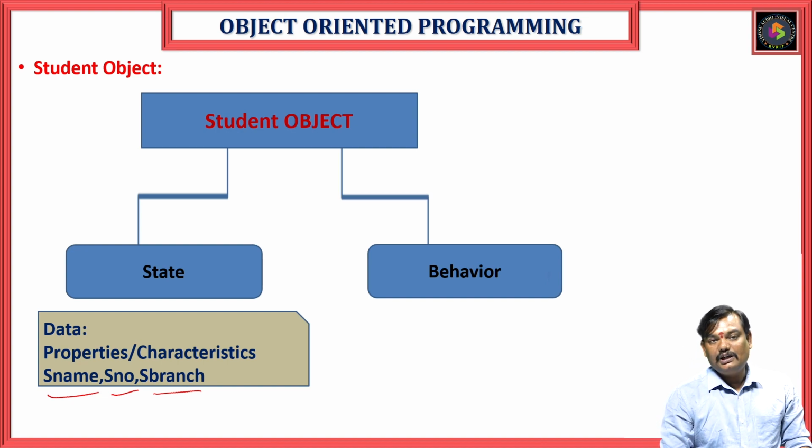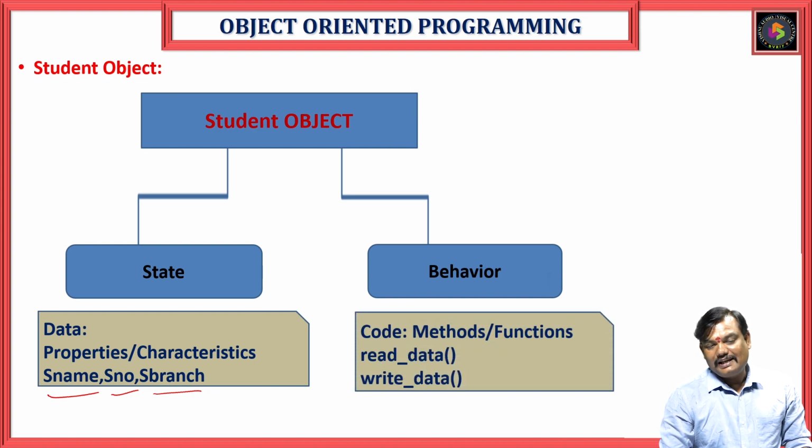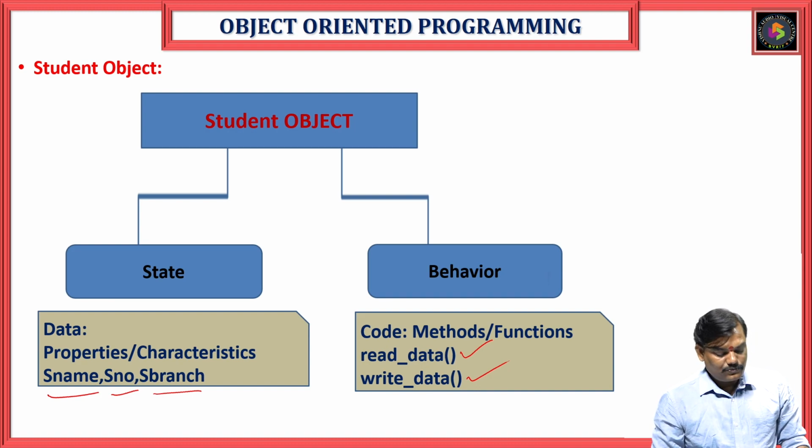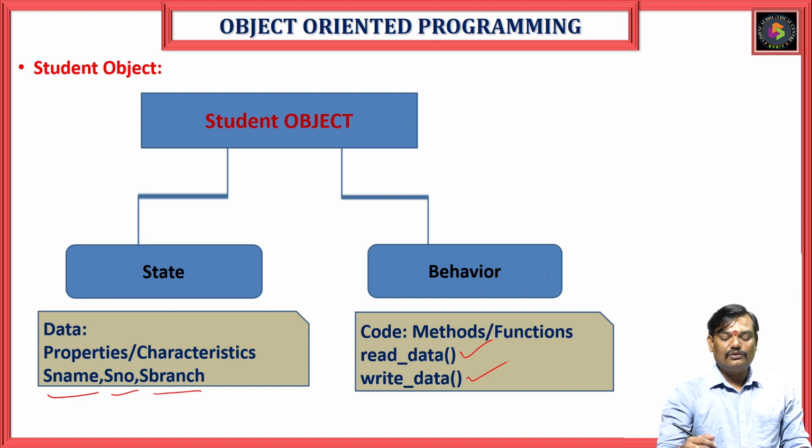And the behavior of an object we describe by making use of methods, where we have a method called read method for reading the data of the object. And we have a method called write data, which is going to describe something about the object. So by making use of these methods, we are going to expose the behavior of the object called student.